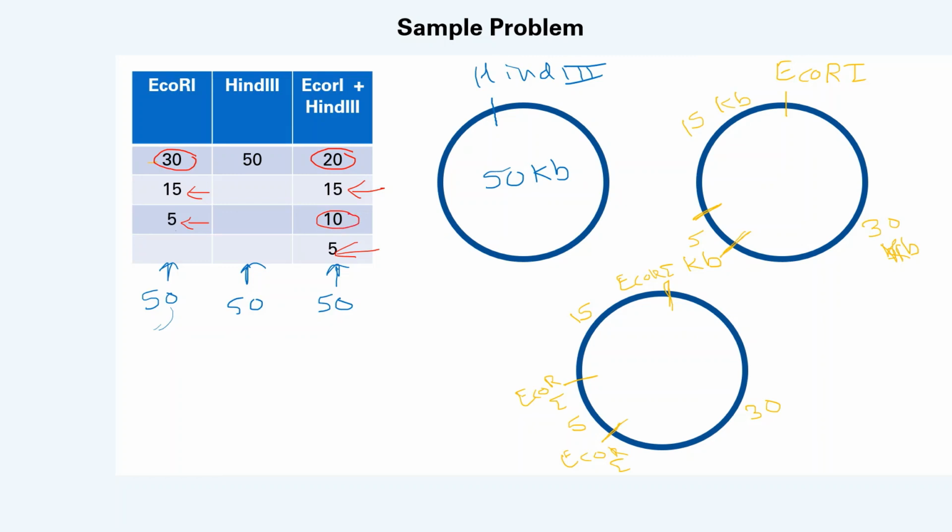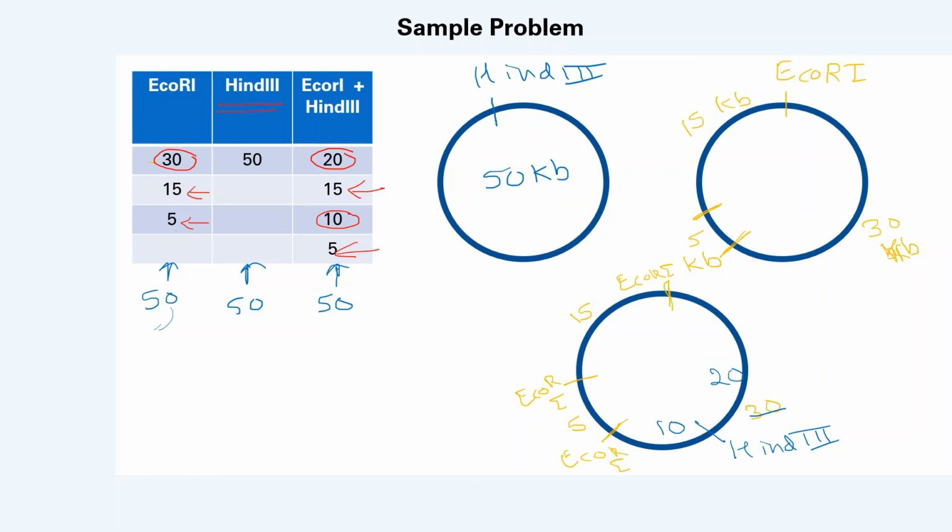So your HindIII here is actually cutting within that 30 fragment. So I'm going to go back and say this is my 30 fragment, and then you have it split into 20 and 10, and I'm going to cross out 30 because it got cut, and this cut is with HindIII. And that's how you do the plasmid mapping for a double digest.